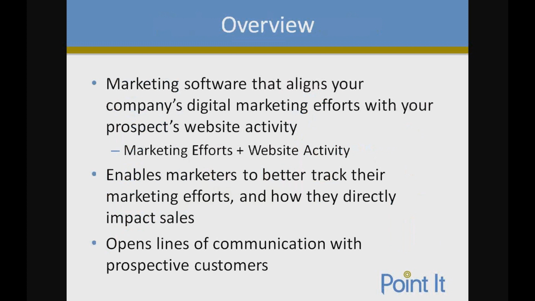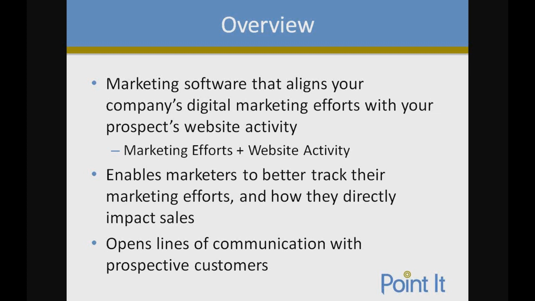So a bit of an overview about what marketing automation is. Marketing automation software is marketing software that helps align your company's digital marketing efforts with your prospects' website activity. Essentially, you're able to see what a lead is doing on your website, what information and content they're interested in, and how your marketing efforts, all of that inbound marketing that you're doing, is helping that lead get through the sales process.